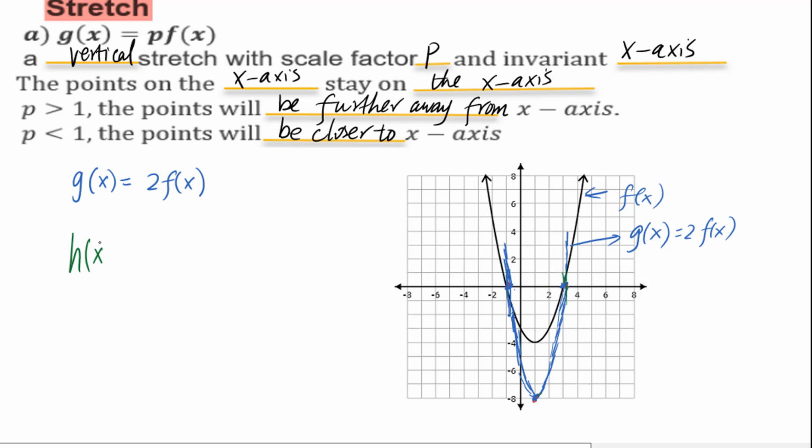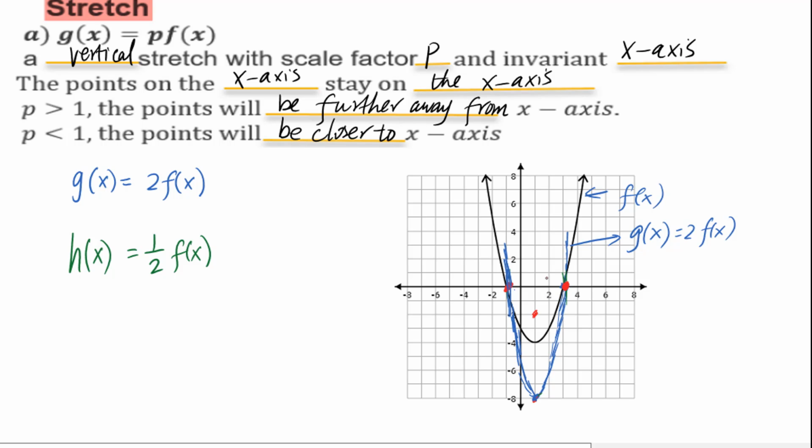Let's make h of x equals 1/2 f of x. Same, the x-intercepts will stay. The vertex on the original graph will be closer to the x-axis. The distance from the x-axis will be half.